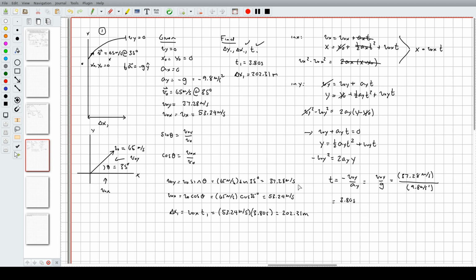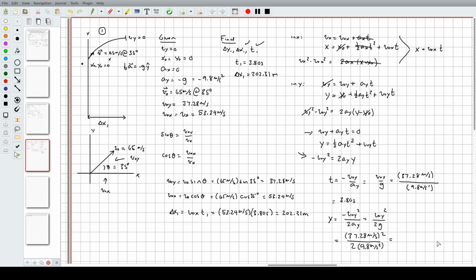Now let's find y. We have options. We could use this one. I prefer this one. It's a lot less complicated. So if you just solve for y for this one, it's minus v naught y squared over 2 times ay, or v naught y squared over 2g, right? So let's plug in the stuff that we have here. 37.28 meters per second is the velocity in y, squared, divided by 2 times 9.8 meters per second squared.